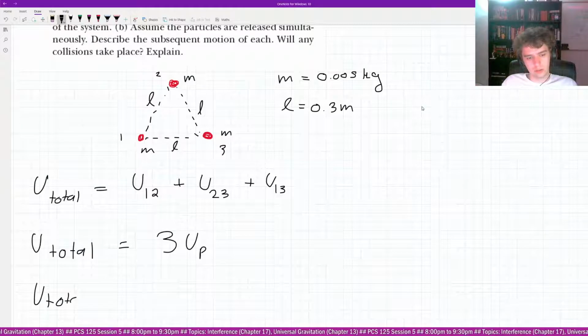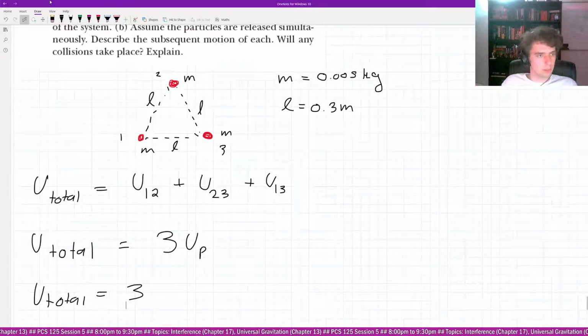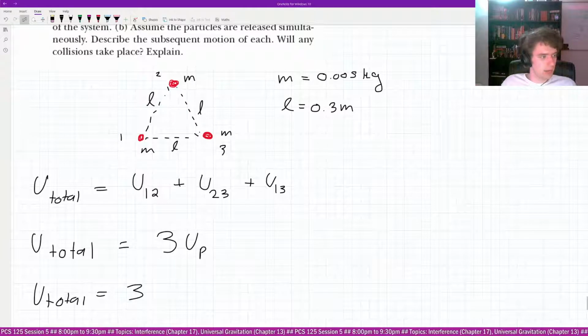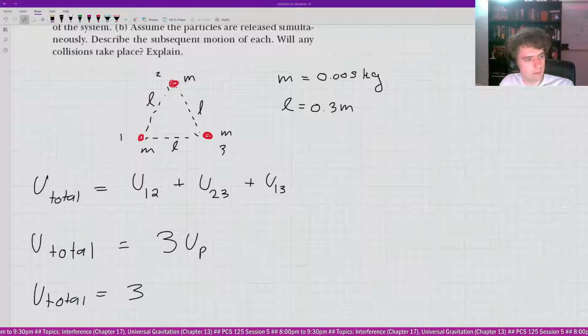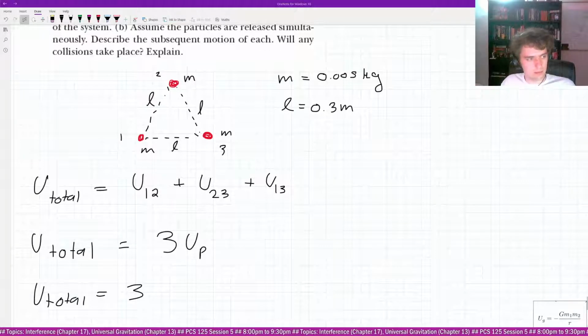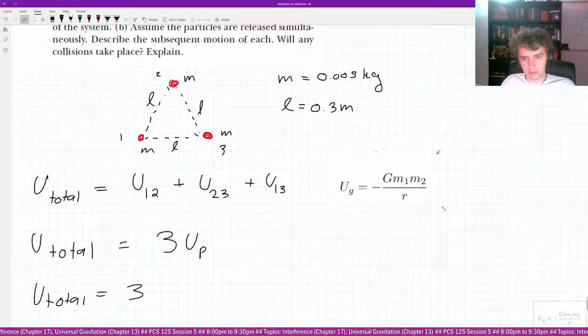So U total is 3 times, well, each pair is going to have a gravitational potential energy of this. Sorry, I kind of took a bad screenshot there, but it's okay.